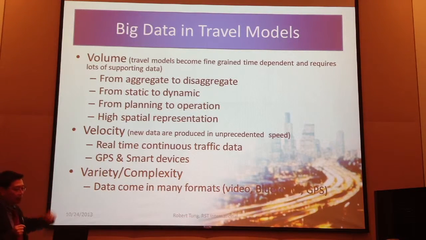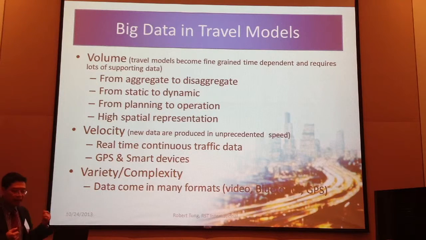And also the model nowadays has shifted its focus from planning to operation. It used to be that we used a model to do long-range forecasting, like demand forecasting. But nowadays there is not much room for adding capacity, not many spaces to add new roads or build new highways. Now the question is how to maximize your current facility and capacity.